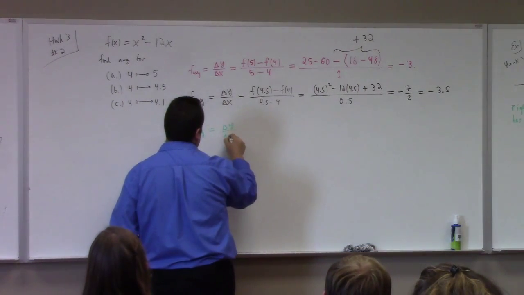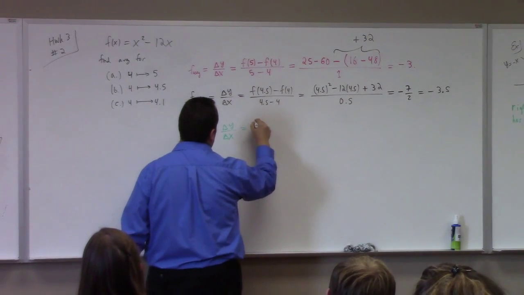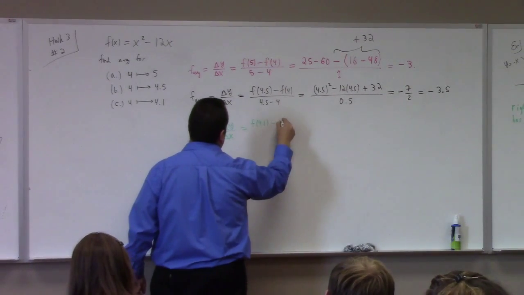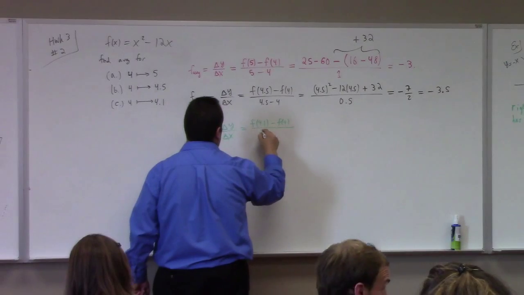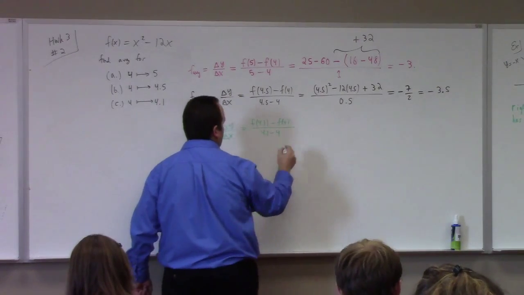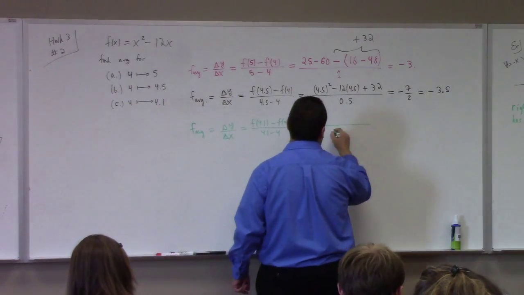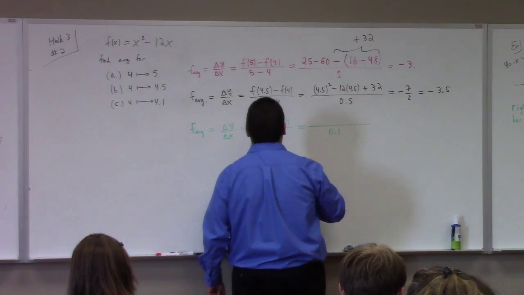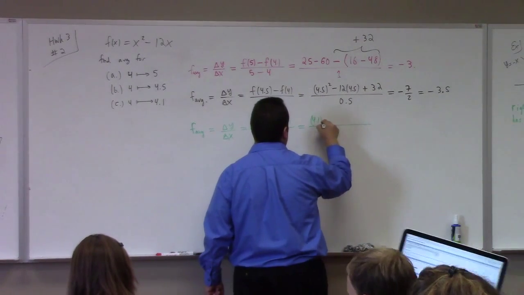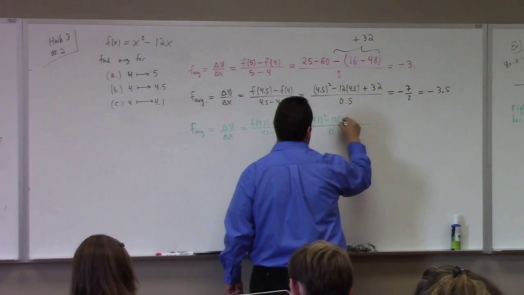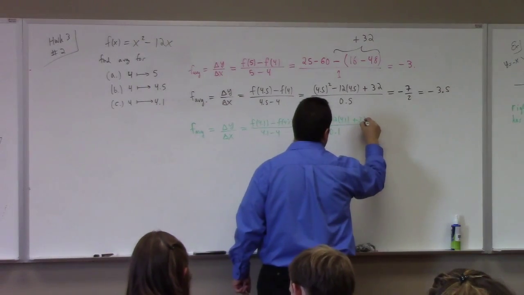F average, again, change in y over change in x. So this time we got f of 4.1 minus f of 4 divided by 4.1 minus 4. So that is division by 0.1. Upstairs we've got 4.1 quantity squared minus 12 times 4.1 plus 32.